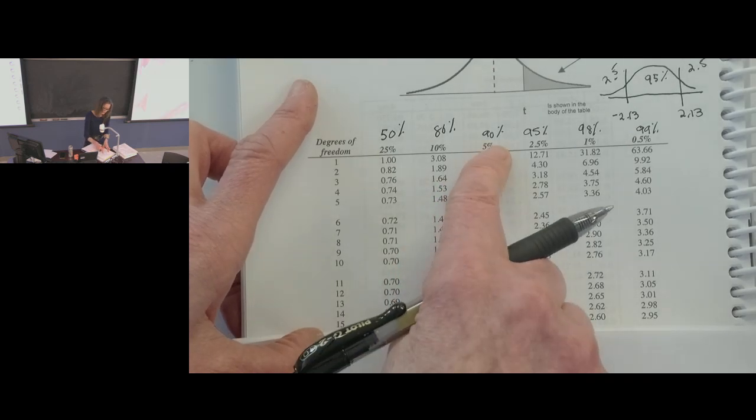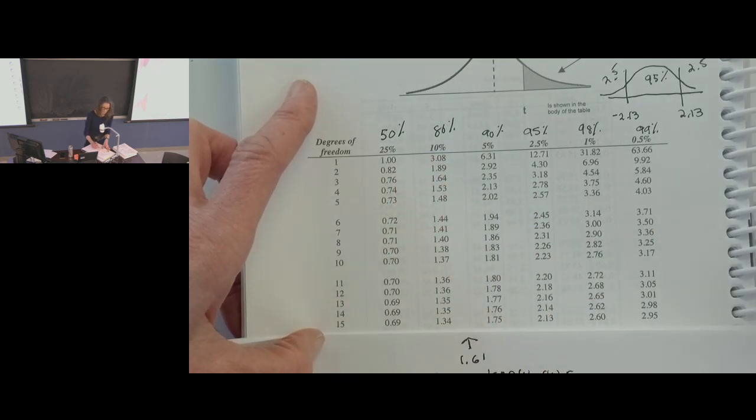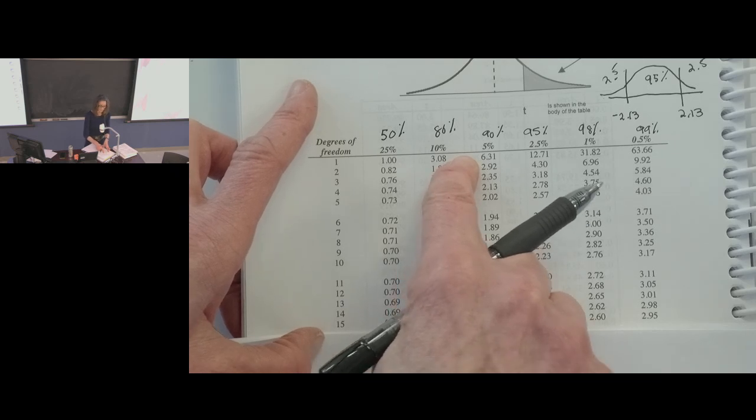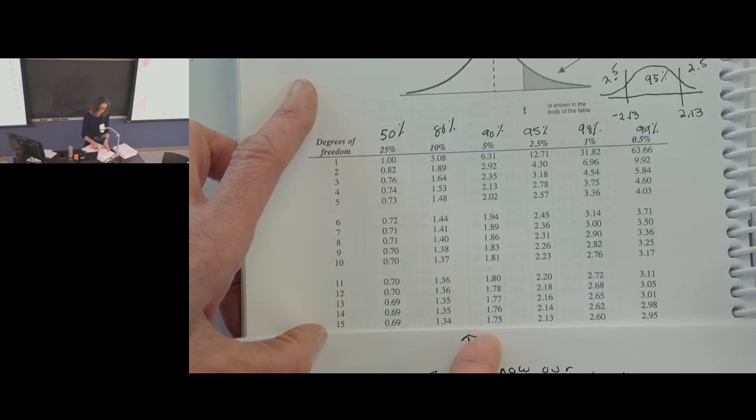Somewhere in between 5% and, we would have had to get bigger. Remember, we would have had to get bigger than 1.75 to get significance. We found out that it was 6.4%, but from this table, all you know is it's between 5% and 10%. It's closer to 5%, it's closer to 1.75, so you could think it's closer, but you couldn't estimate it. All I'd ask you on a test is to say it's between 5 and 10%.